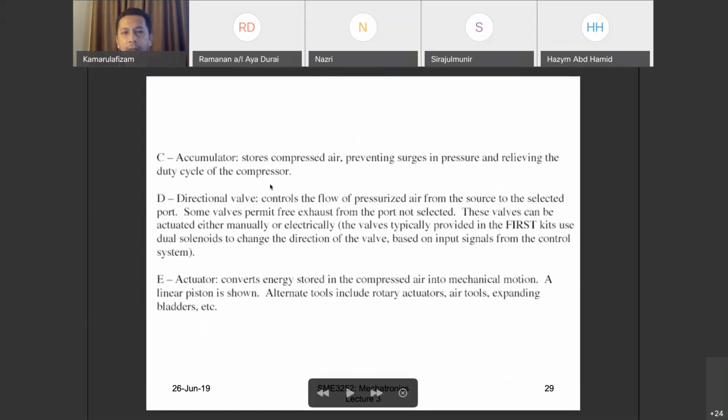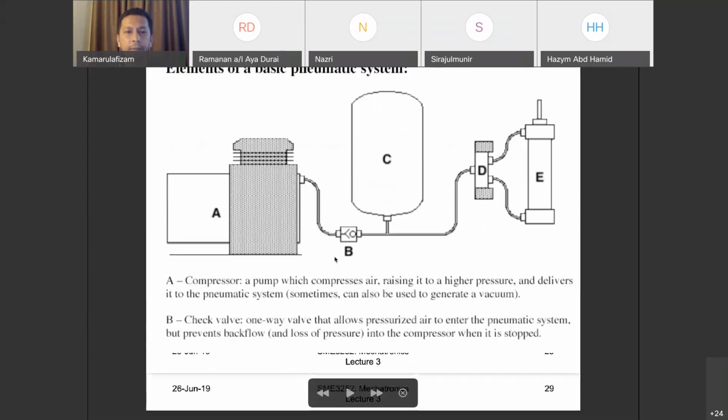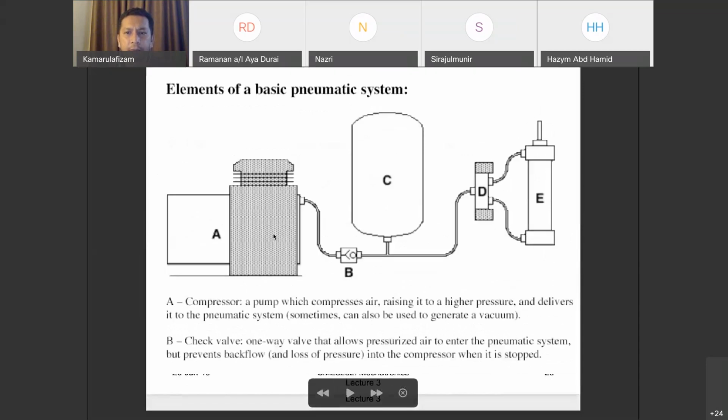Maknanya kalau dah cukup angin dalam C ni, compressor dah boleh stop berfungsi lah. So, bila stop fungsi, udara dalam ni highly compressed, kat sini stop functioning, compression turun. So this is where check valve B ni perlu supaya angin yang dah fully compressed ni tak patah balik dalam compressor.